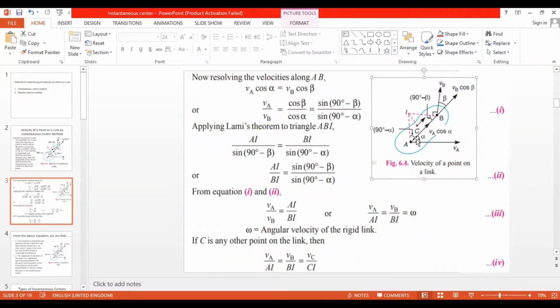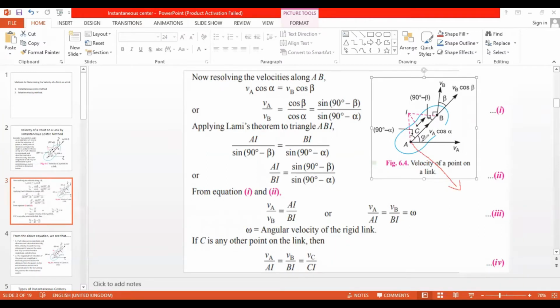Resolving in the perpendicular direction, I get VA sin alpha. For this example we don't need this, I'm just saying. So VA resolves along the angle as VA cos alpha and perpendicular as VA sin alpha.